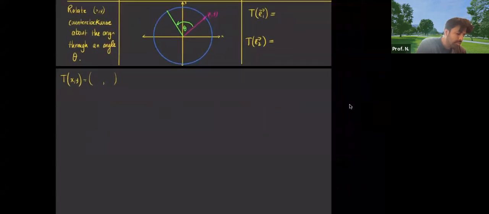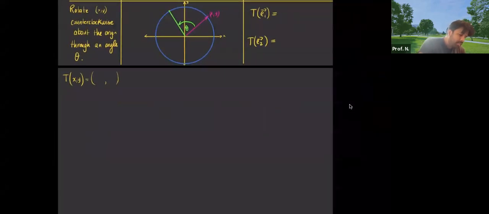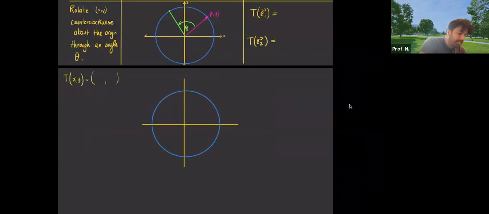So let's draw this again. This XY plane again. I'm gonna draw a circle again as well. But now I'll be very specific. I'm only going to be looking at E1. So look at E1. 1 comma 0, right?